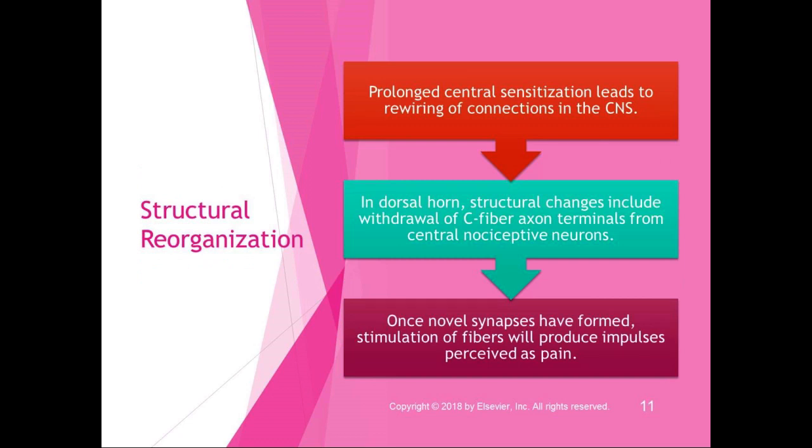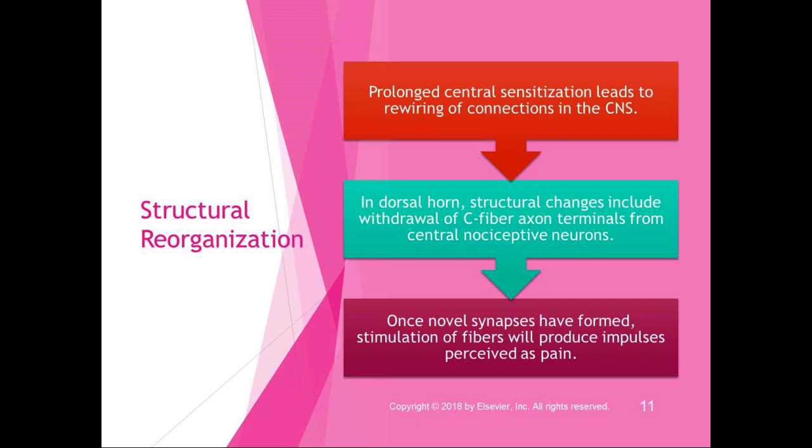Structural reorganization results from prolonged central sensitization. It actually rewires your central nervous system connections. So in the dorsal horn, structural changes can include withdrawal of C fiber axon terminals from central nociceptive neurons.